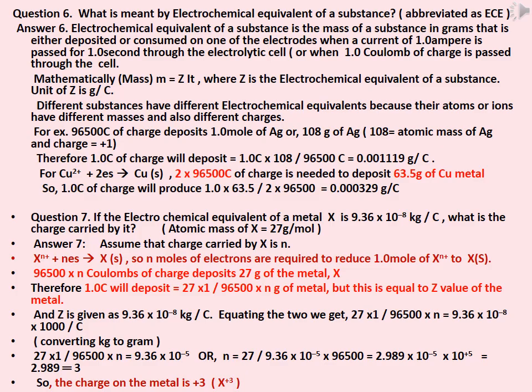This is within limits of experimental error. 2.989 is nearly equal to 3.